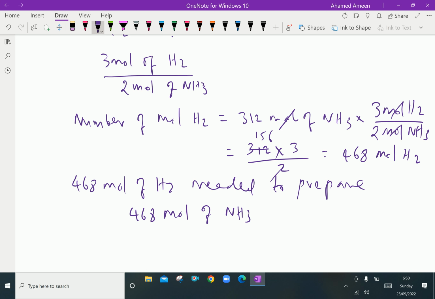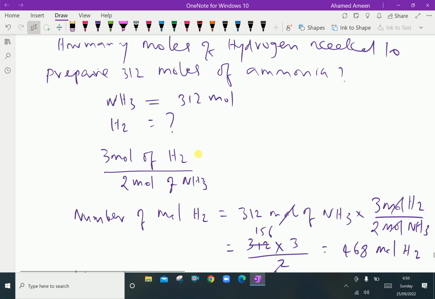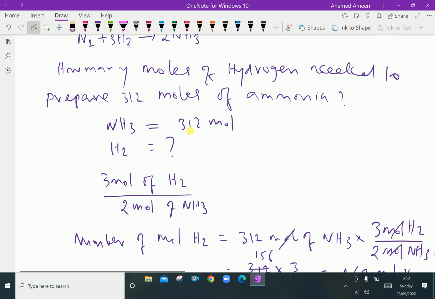This study deals with the stoichiometry of chemistry. That means when one mole amount is given, the other mole amount we can find by using stoichiometric ratios.